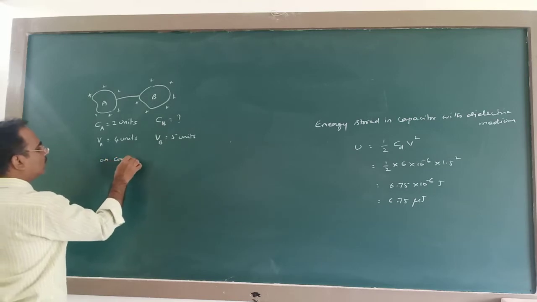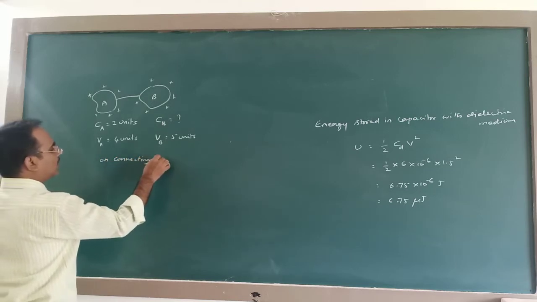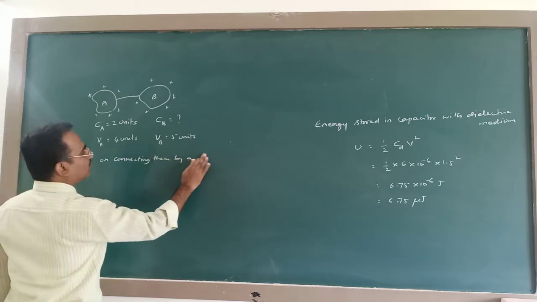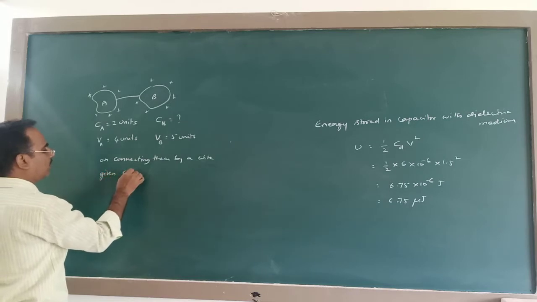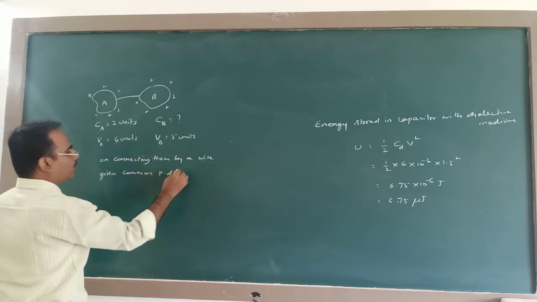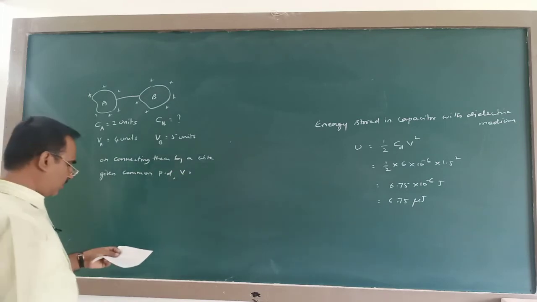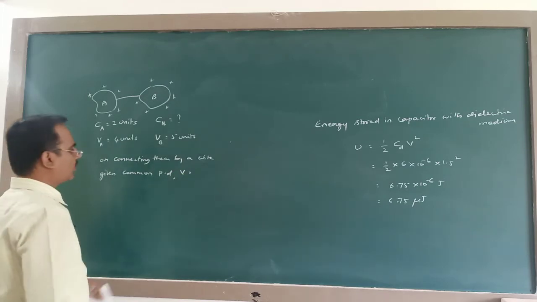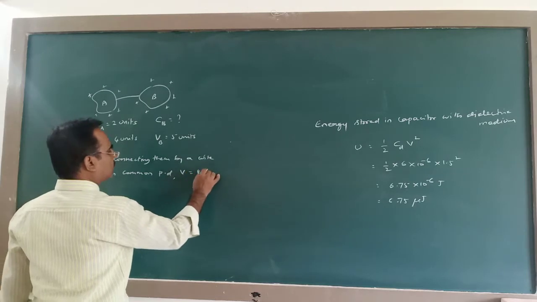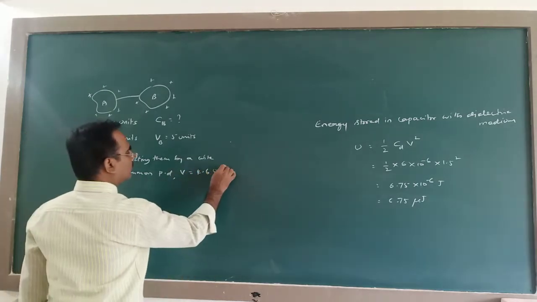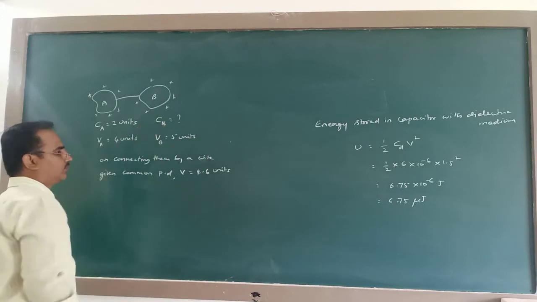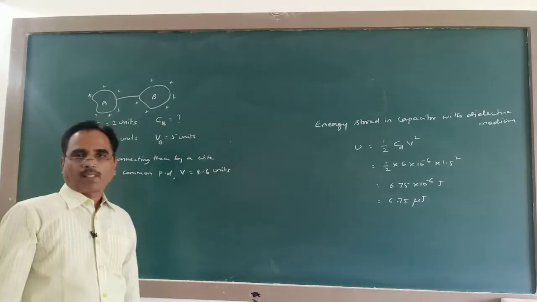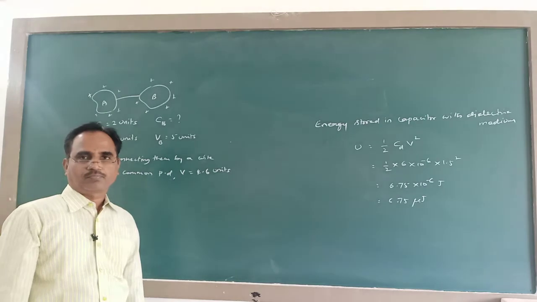So on connecting them by a wire, given common potential difference V is equal to 4.6 units. From this you are asked to calculate this CB.